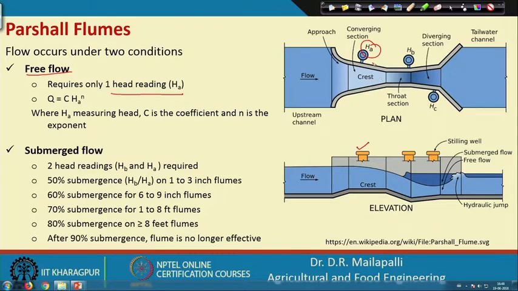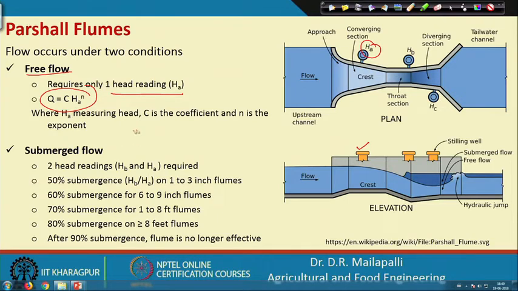Basically we look at HA and HB. The formula is Q equal to C HA to the power n, where C and n are constants. If it is free flow, knowing HA, the water level at the head end, multiplied by C and n gives Q.